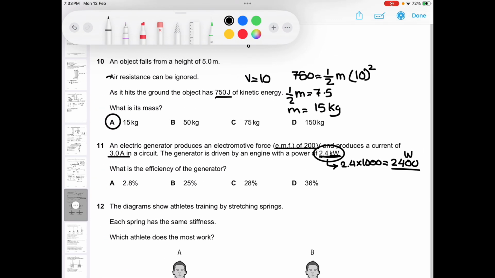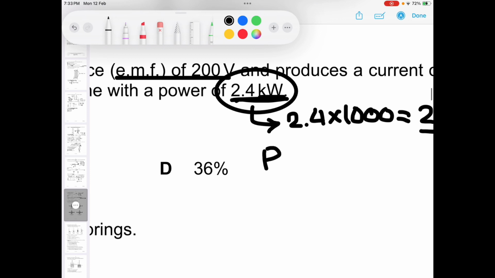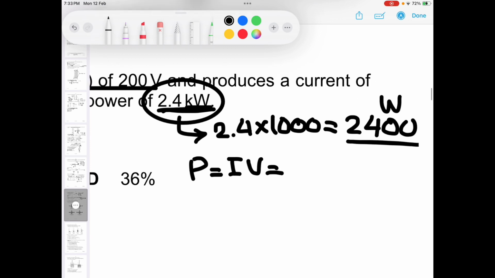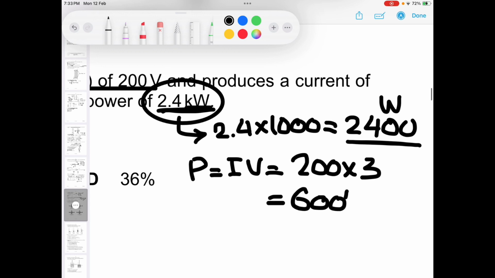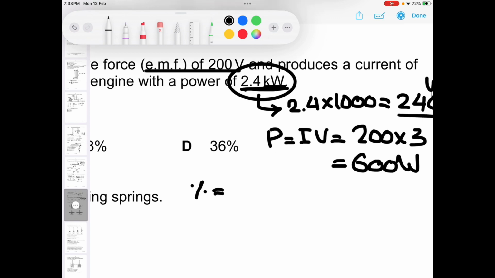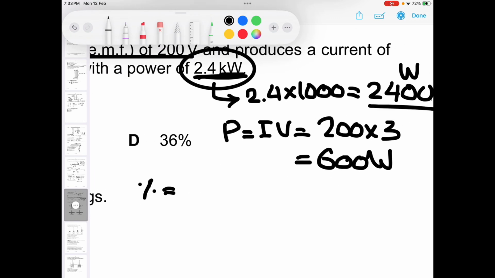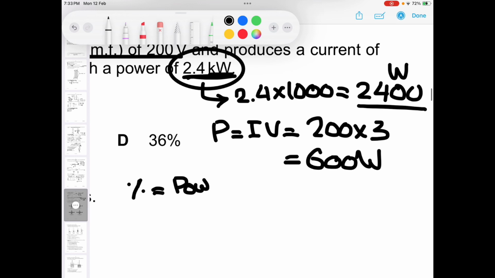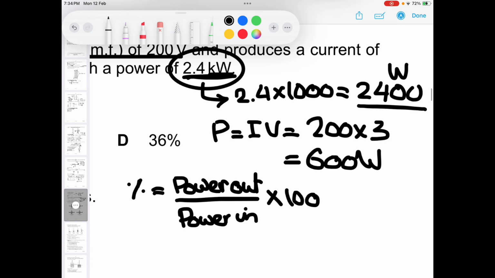Okay, and let's find out the produced power. We know P is equal to IV, which is equal to 200 times 3, equals 600 watts. To find the percentage efficiency, it is power out over power in times 100.